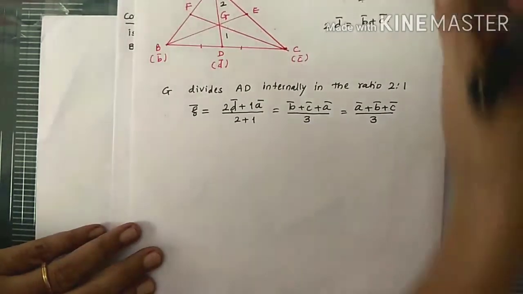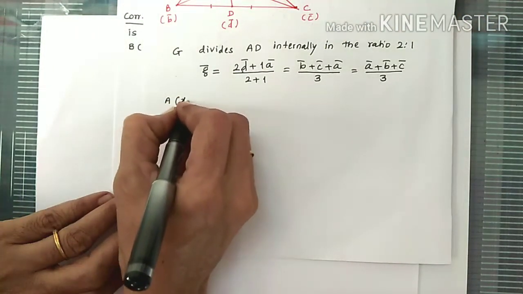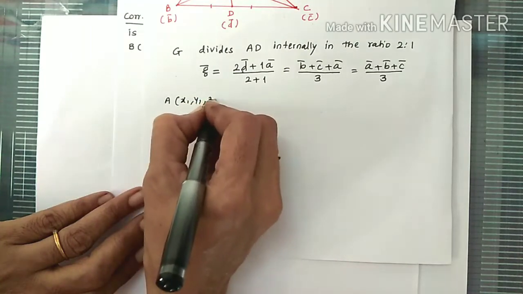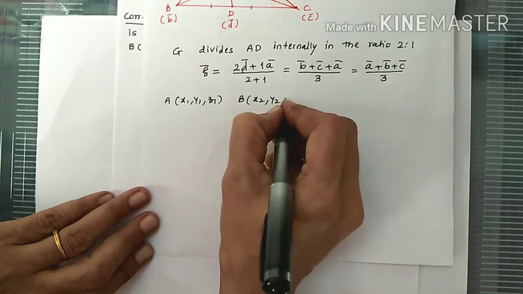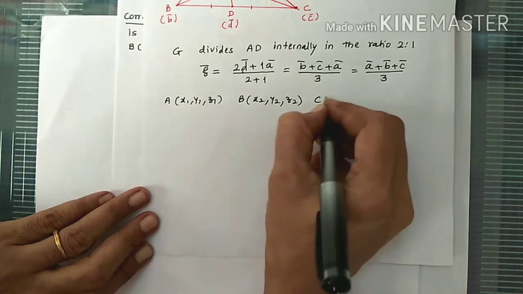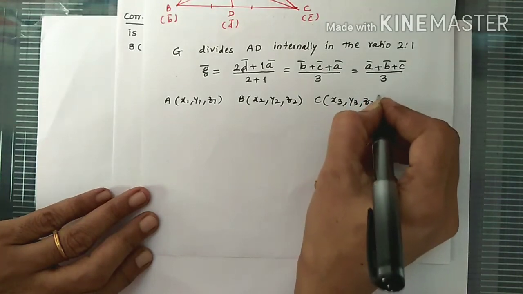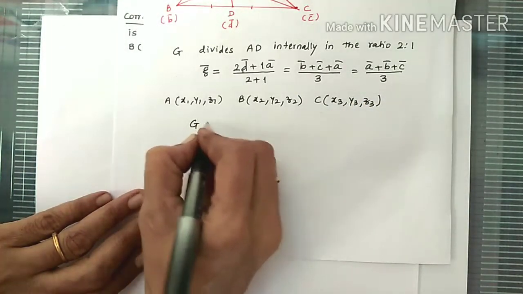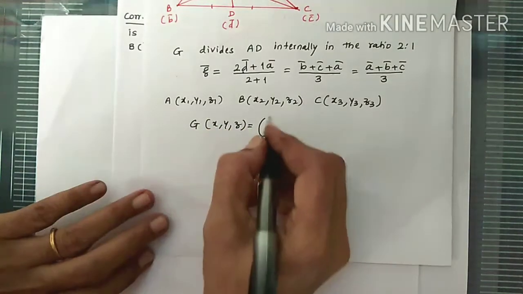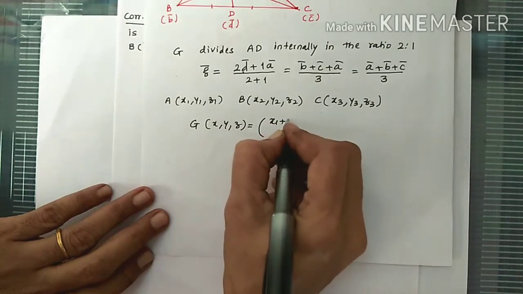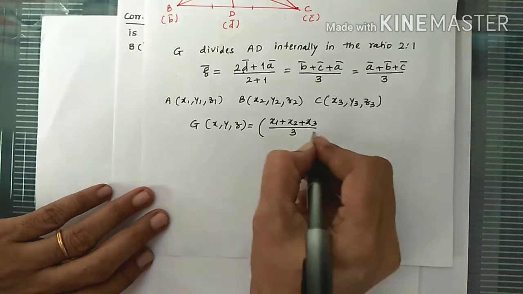Now if we have these vertices A as (x1, y1, z1), B as (x2, y2, z2) and C as (x3, y3, z3), and centroid G is (x, y, z), then again it is the same old formula, which is (x1 plus x2 plus x3) upon 3.